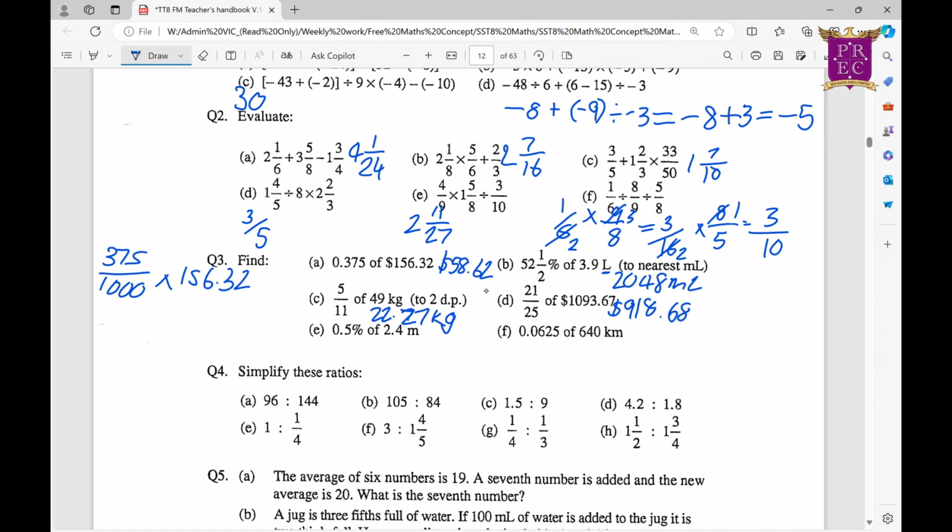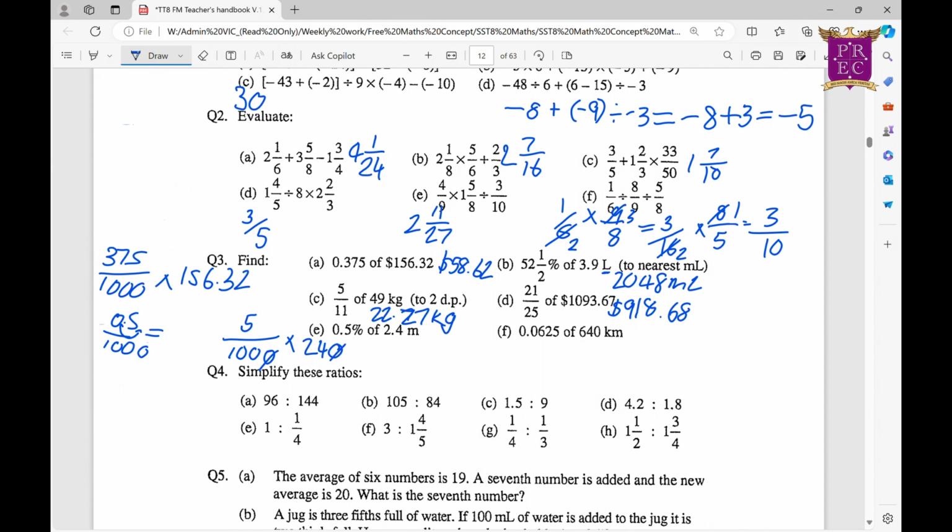And this one, let's just quickly do this with you guys. So 0.5% is going to be 5 on 1,000, because we're jumping the decimal place once to the right, and then you times it by 2.4 meters. 2.4 meters is 240 centimeters.